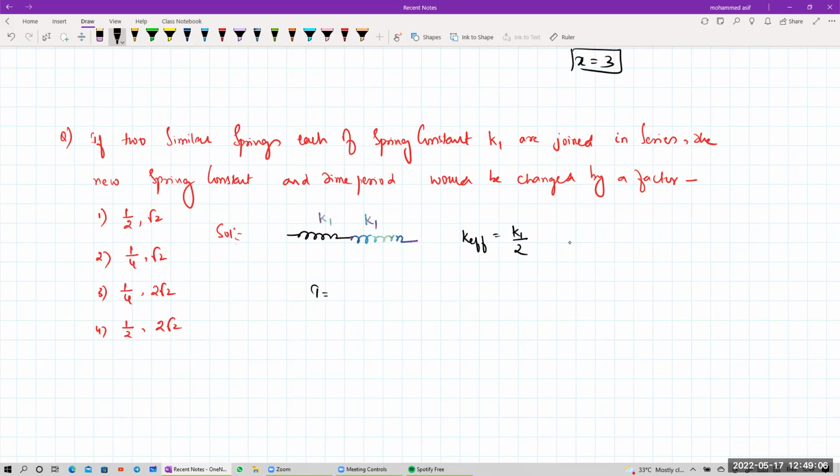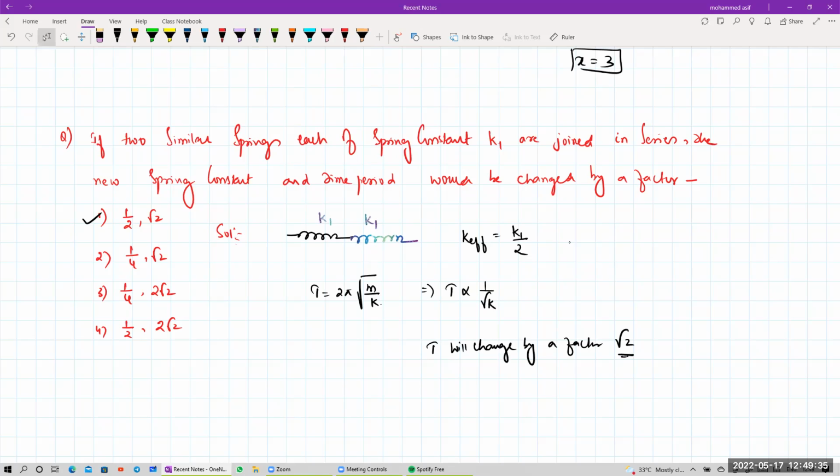Time period is 2 pi under root of m by k, so time period is inversely proportional to root of k. So T will change by a factor of root 2. So the option is 1 by 2 and root 2.